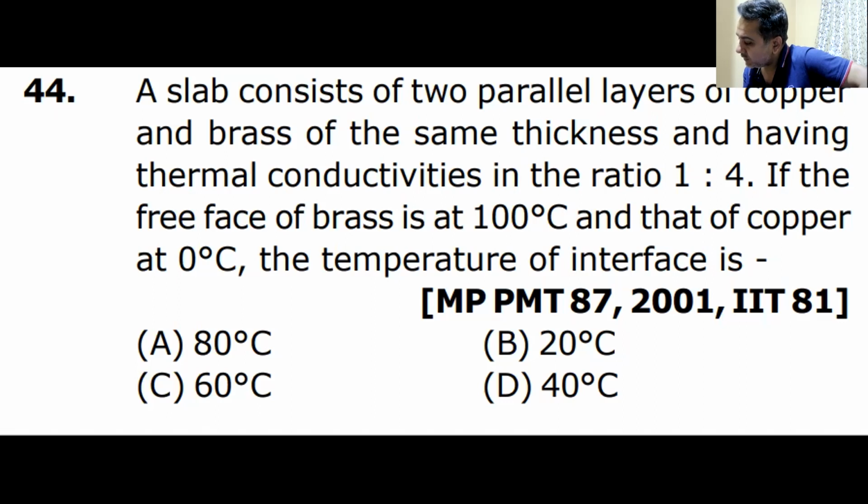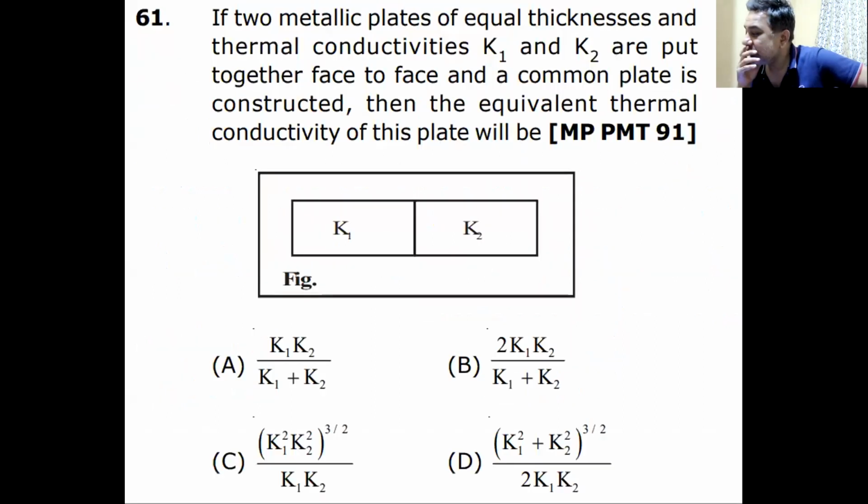Instead of doing this one, it is better that we do this one, which has a higher probability of coming. So I will shift my attention here to this question. These are the type of questions that are more likely to come, not the interface one. Okay, this one.